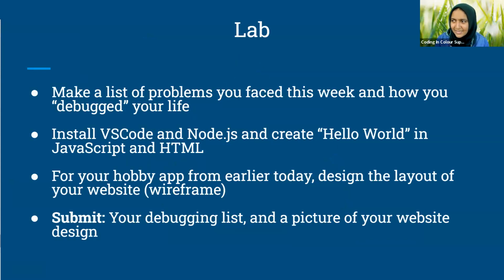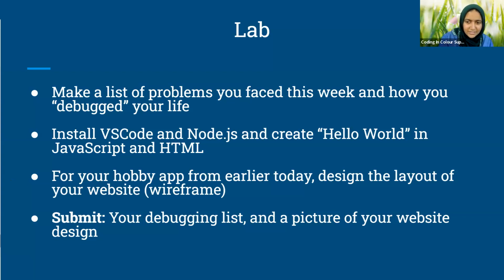Okay, so for the labs today, what you're going to do is think about some of the small problems that you might have run into while just going about your day, and the process that you took to debug them. For this, it doesn't need to be too technical. We just want you to think about the process that you are already taking for problem solving, right?